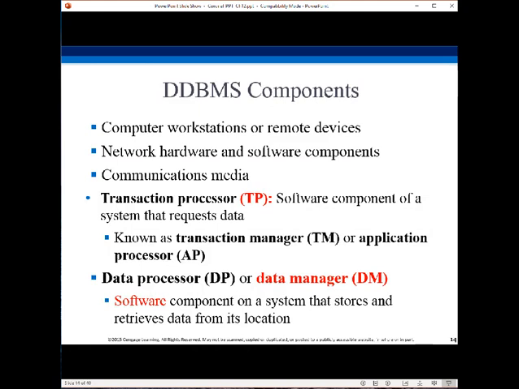Remember in our example of two databases, one in Redmond, Washington, one in Washington, D.C., we had a need for some function to ask the server in Redmond if it was ready to receive an update when one was made in Washington, D.C. Well, that functionality is known as the transaction processor or transaction manager or transaction monitor. And it's going to be coordinating the transactions between the replicas of the database.